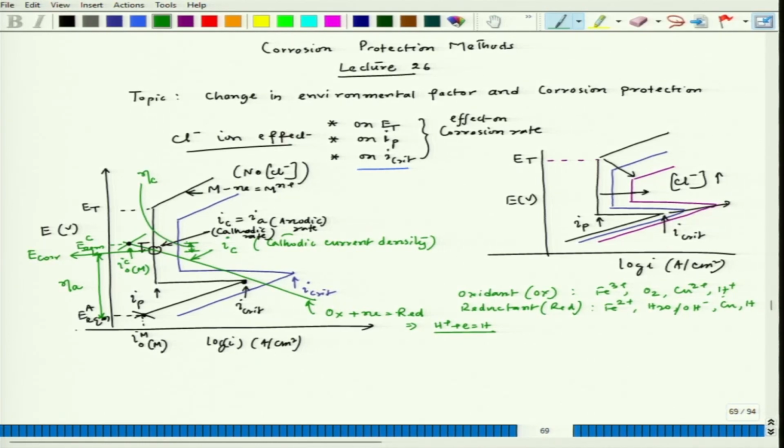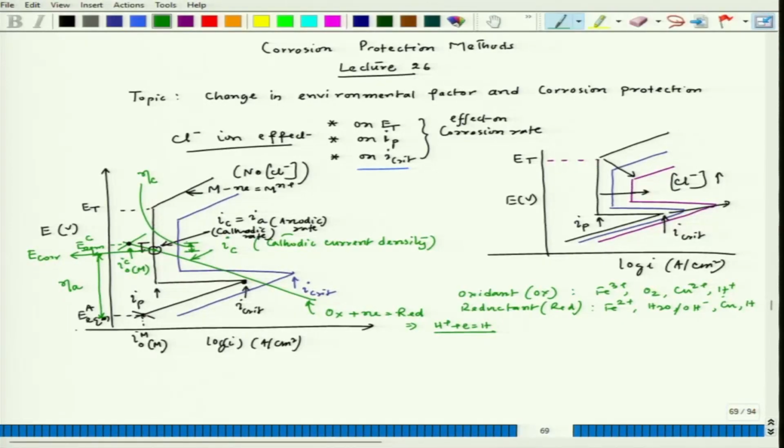So, we can see that the potential is dragged to this point where the anodic rate and cathodic rate are equal, and the potential is lying in between these two extreme equilibrium points. This is the concept we follow in the mixed potential theory. If you want to understand more on this, please look into the mixed potential theory, which was explained in our previous lecture series.